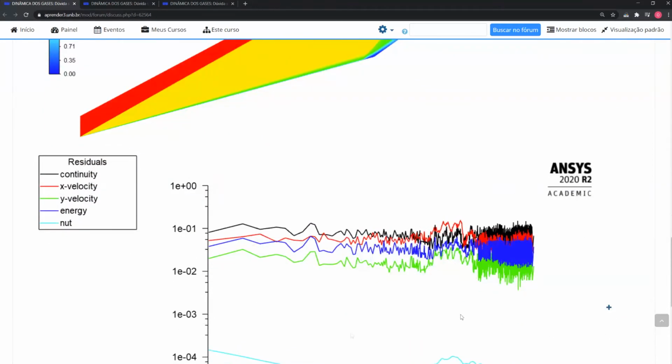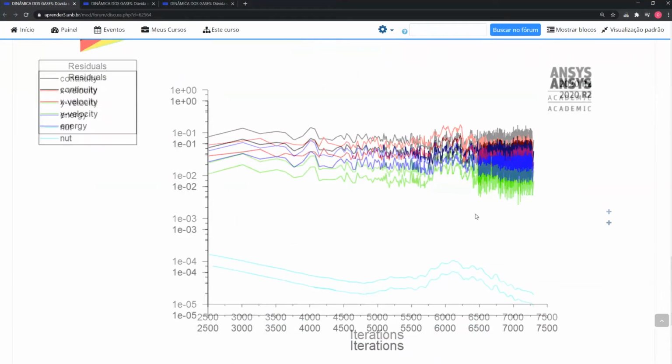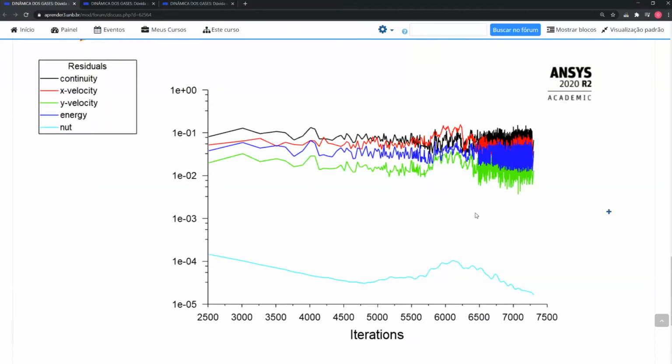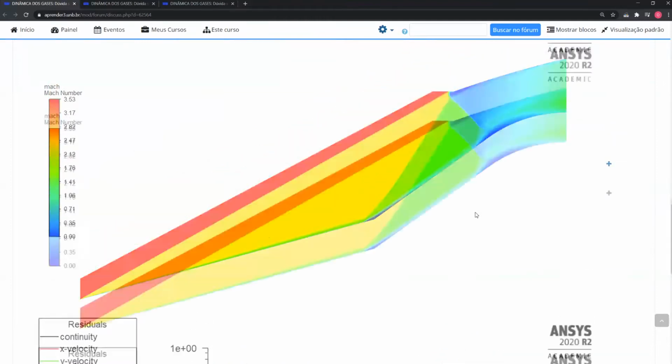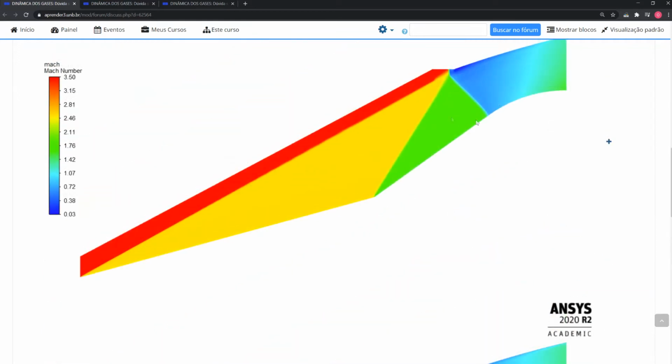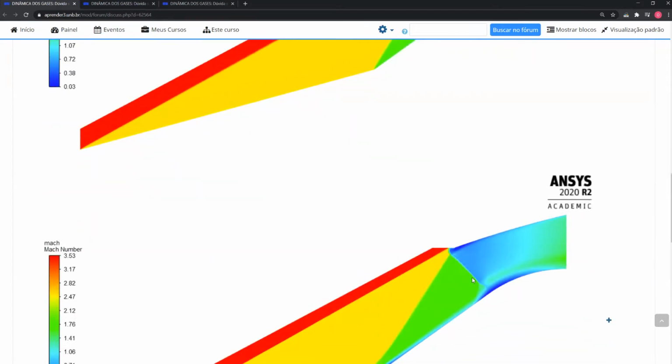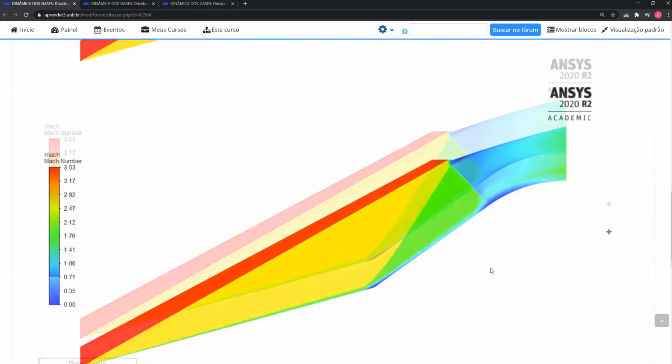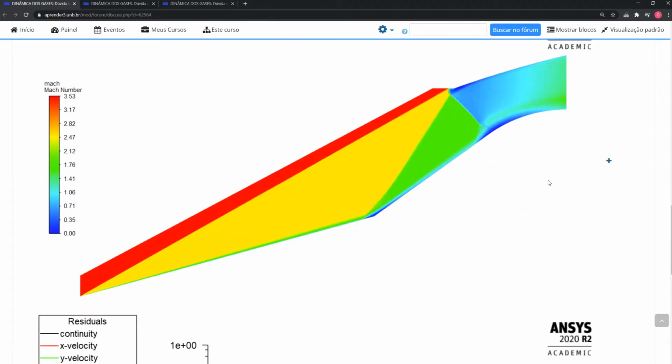It's very, very typical convergence picture. So if you reach the flow structure same or very similar to the inviscid flow structure, like you can see here, all the shockwaves already established, you can stop your simulation. You do not need to wait more than 20,000 iterations.